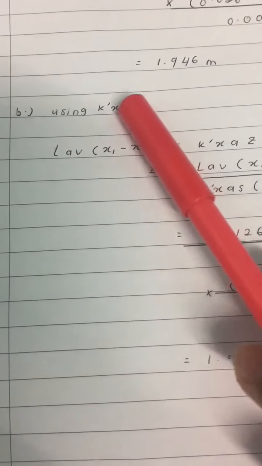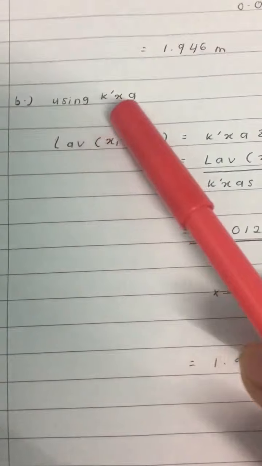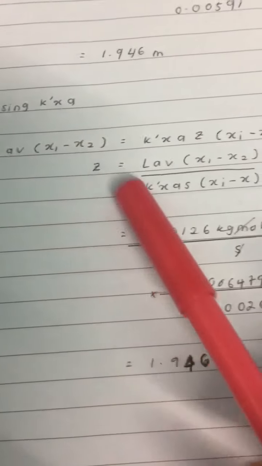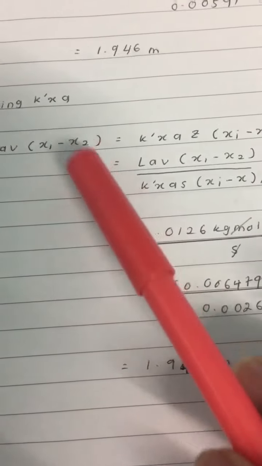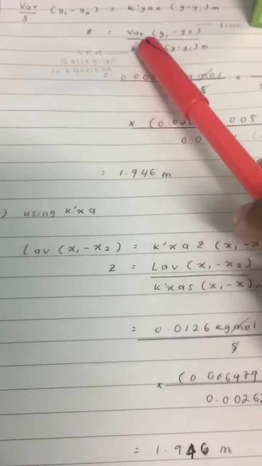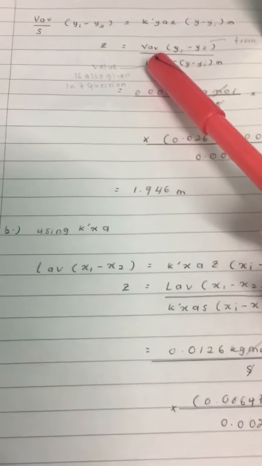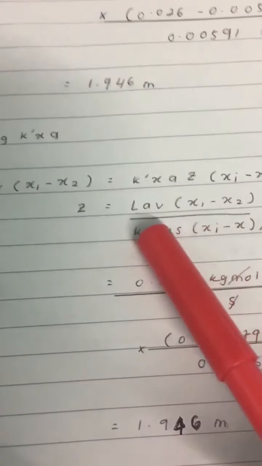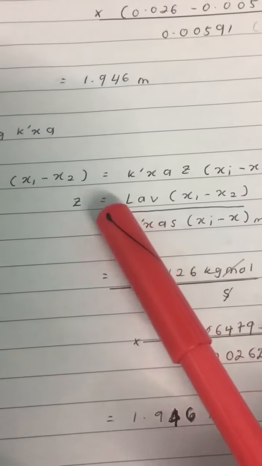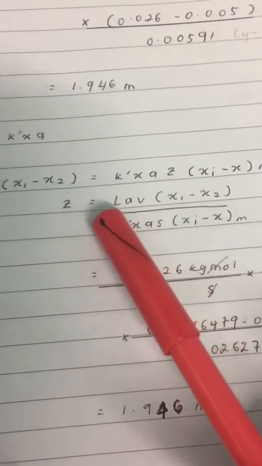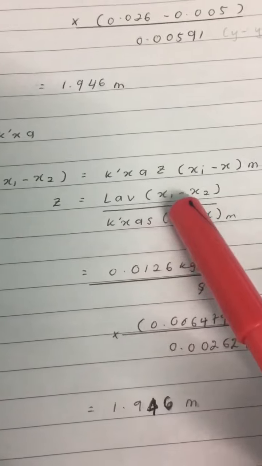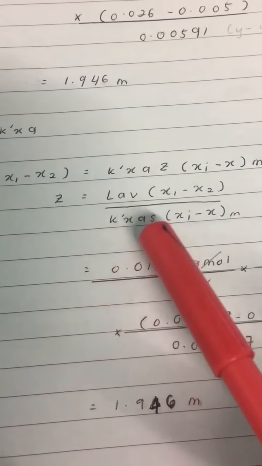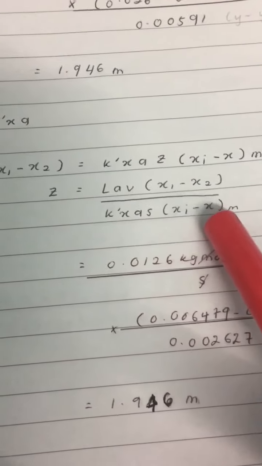For the second question, B, we need to use k prime xa. The calculation of z differs from the first question: the first question uses VAV, while the second uses LAV. The equation is LAV multiplied by x1 minus x2, divided by k prime xa multiplied by S multiplied by xi minus xm.